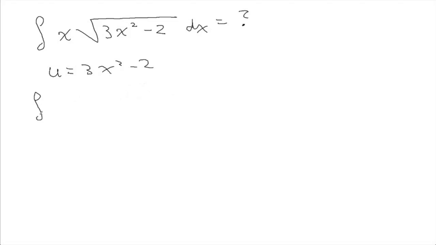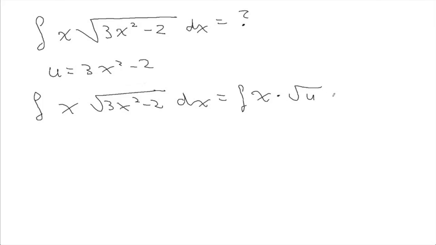Okay, so then we'll rewrite it like this. So how can I now rewrite this so it has a u in it? Okay, and we write this as x times the square root of u with respect to x.